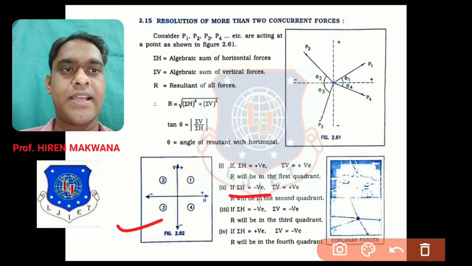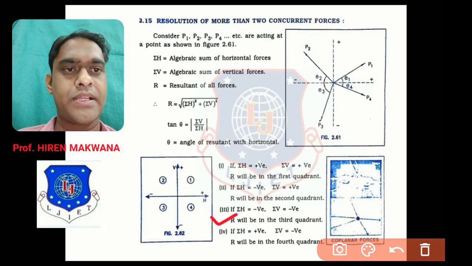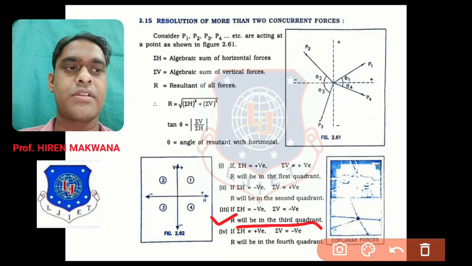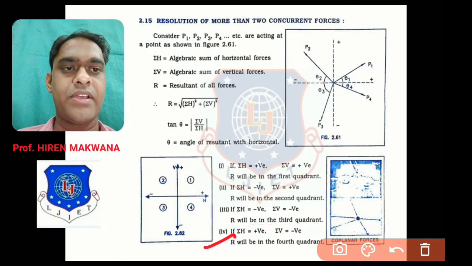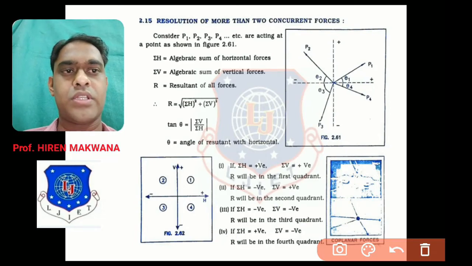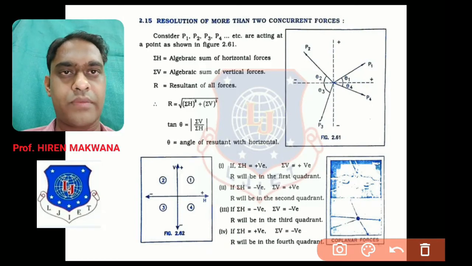If sigma h is negative but vertical is positive, then resultant will be in the second quadrant. If sigma h is negative, sigma v also negative, then resultant is in the third quadrant. Likewise, sigma h equal to positive, sigma v equal to negative, then the resultant will be in the fourth quadrant. So these are the 4 different positions of the resultant according to the quadrants.